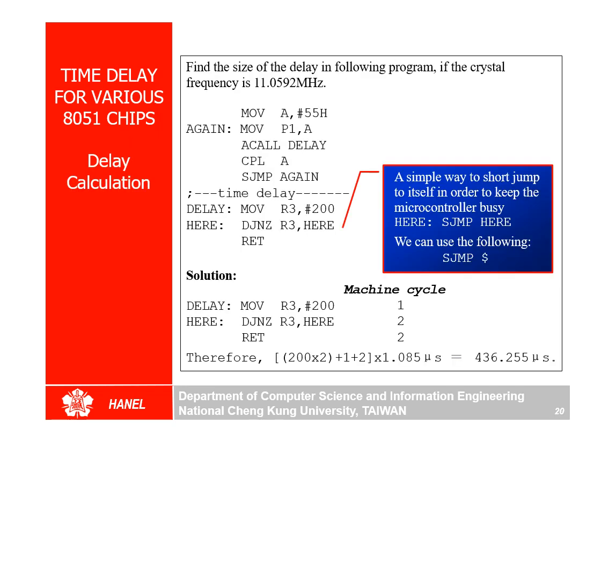Now let us see a small program here, the time delay calculation. Look here, this program: MOV R3, #200. This is very important, because we are starting with a loop. R3 got 200. Then DJNZ R3, here. This process will be repeated.